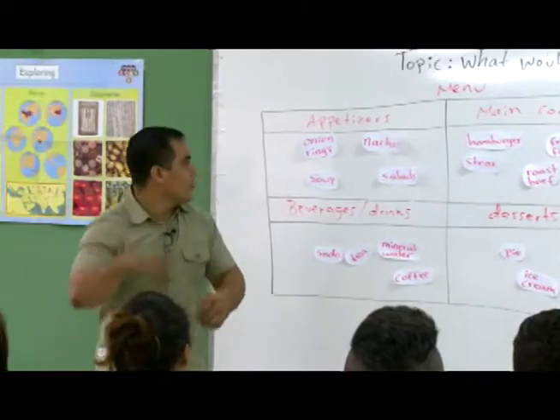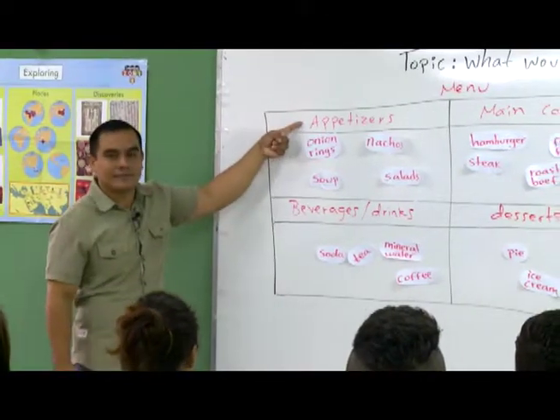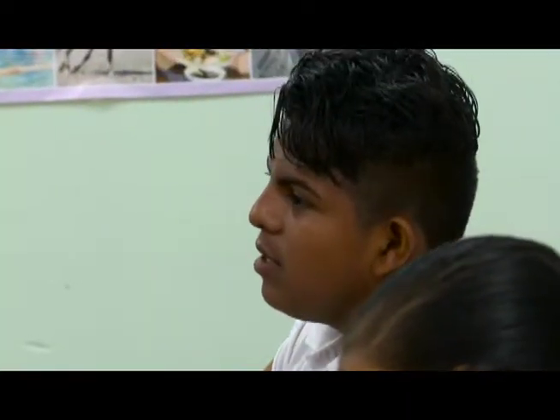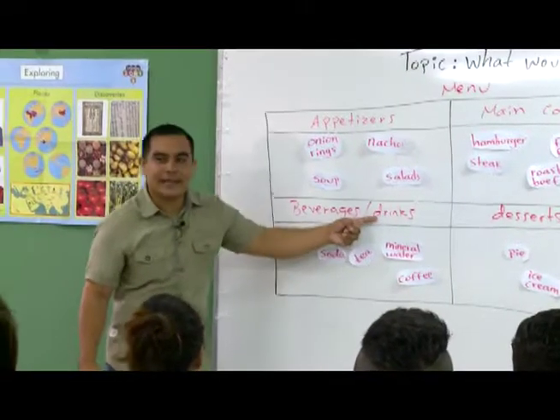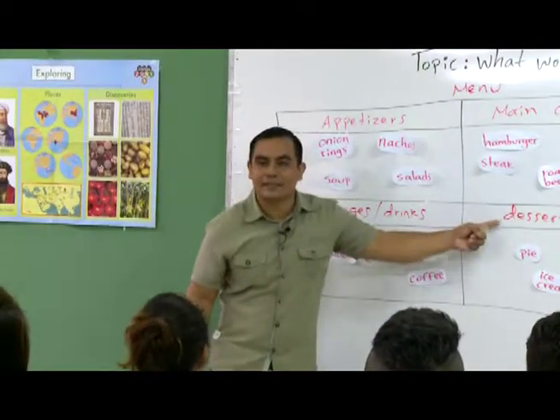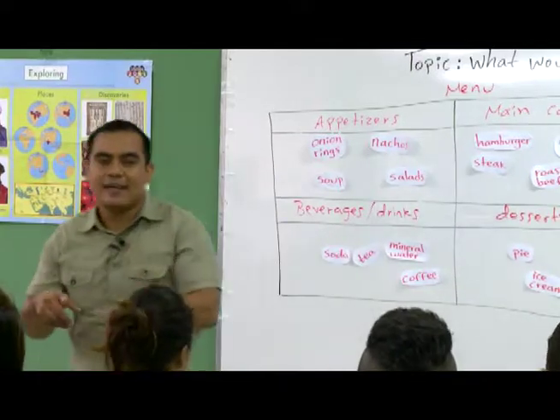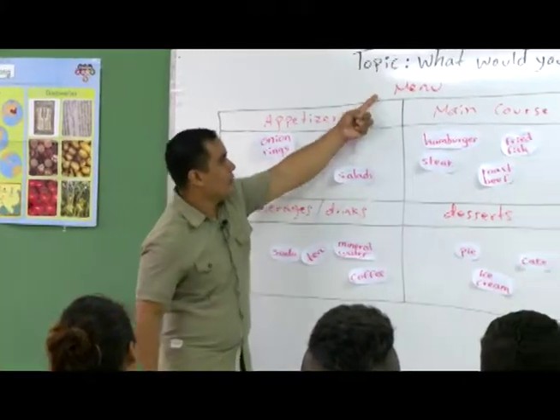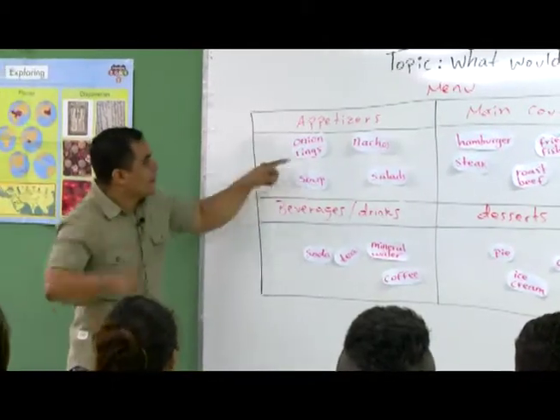Now you. Louder. Appetizers. Main course. Beverages. Drinks. Desserts. Menu. Okay, one more time, faster.